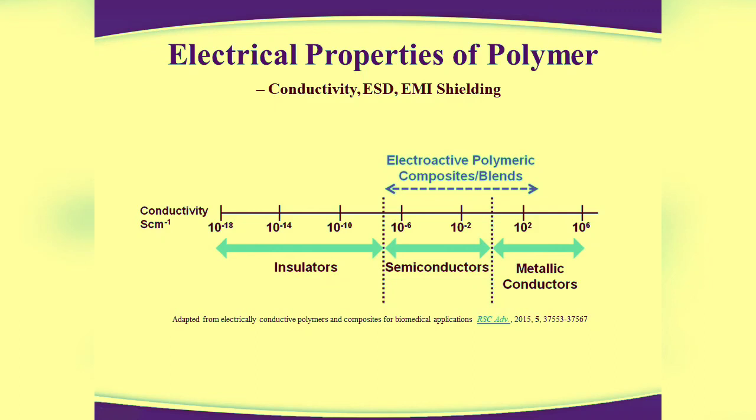There is also a class of polymers known as electroactive or conducting polymers, which possess inherent conductivity. However, because of their high cost and processing issues, they have only limited application.